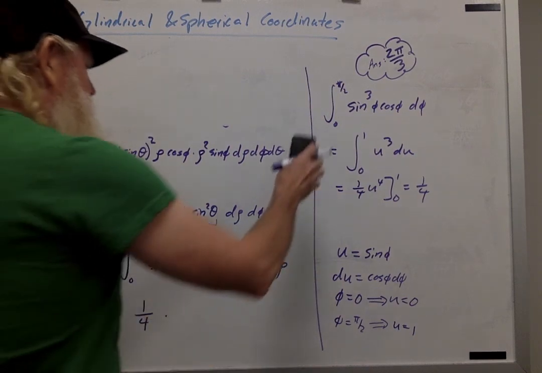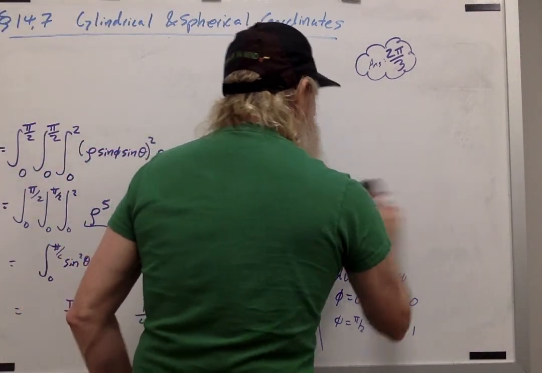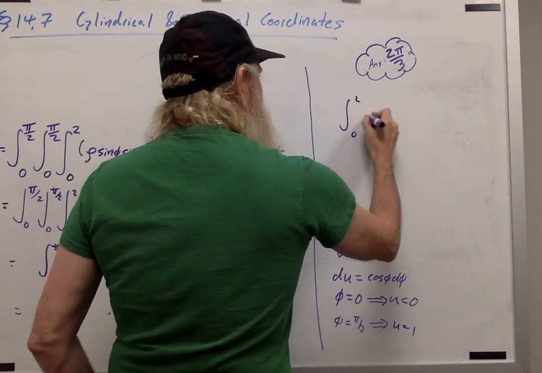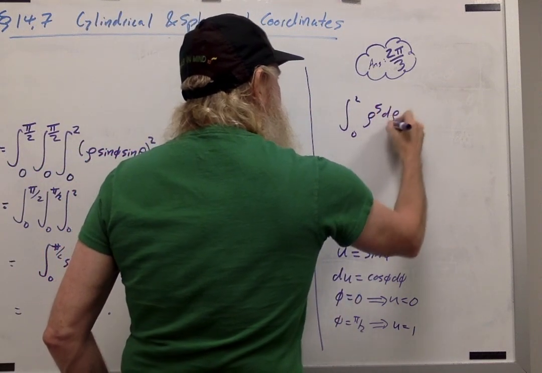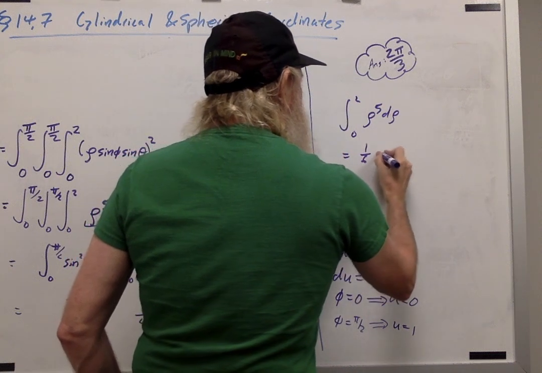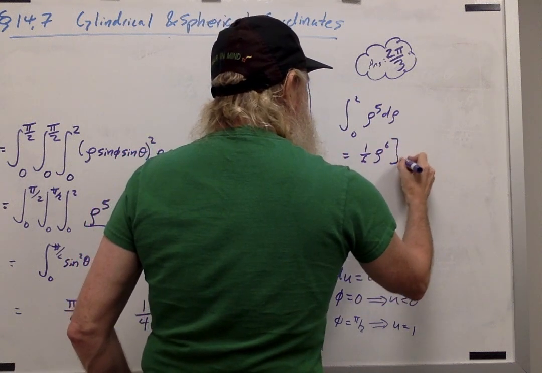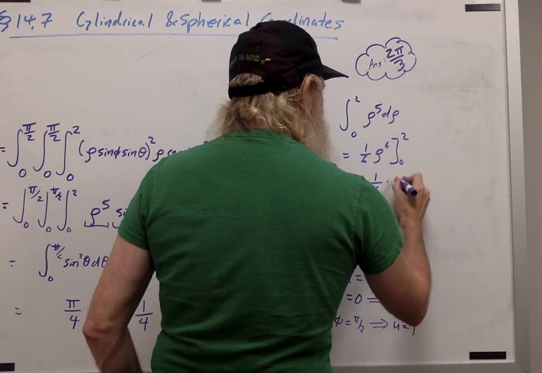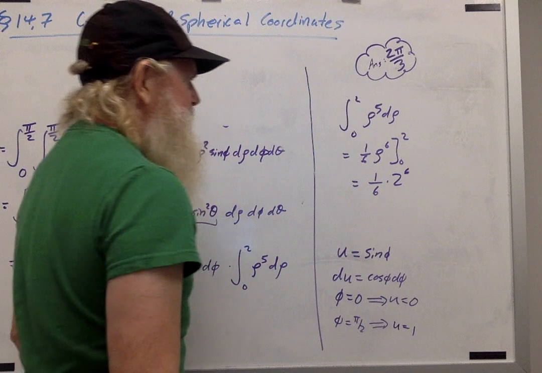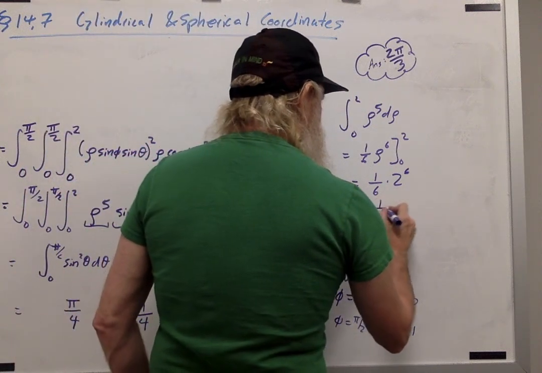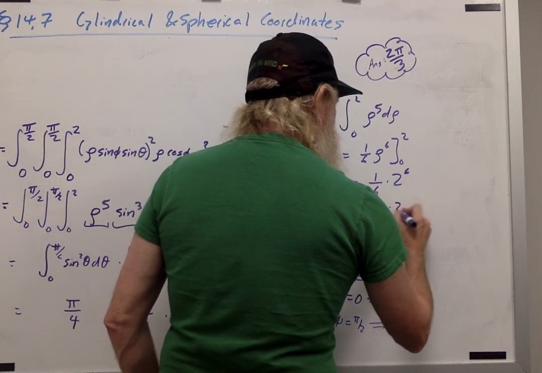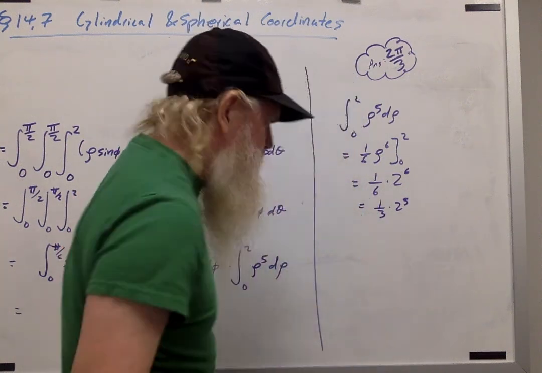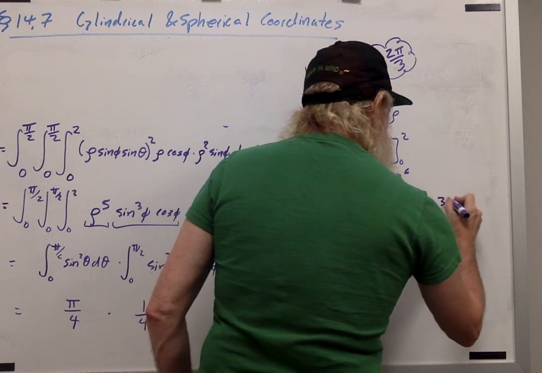And then let's do the third integral. The integral from 0 to 2 of rho to the 5th is 1/6 rho to the 6th, taken from 0 to 2, which is 1/6 times 2 to the 6th. That's the same as a third of 2 to the 5th, which is 32 over 3.